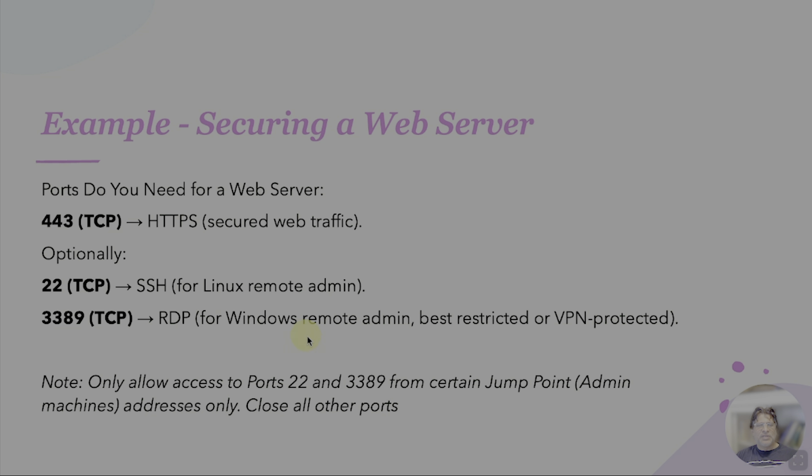So if people hack into the network, they cannot use this from any machine at all. They need to know the two machines that you're going to try to hide and secure as much as possible. Only those machines from a very secure place should have access to your web servers. Otherwise, just close all other ports.